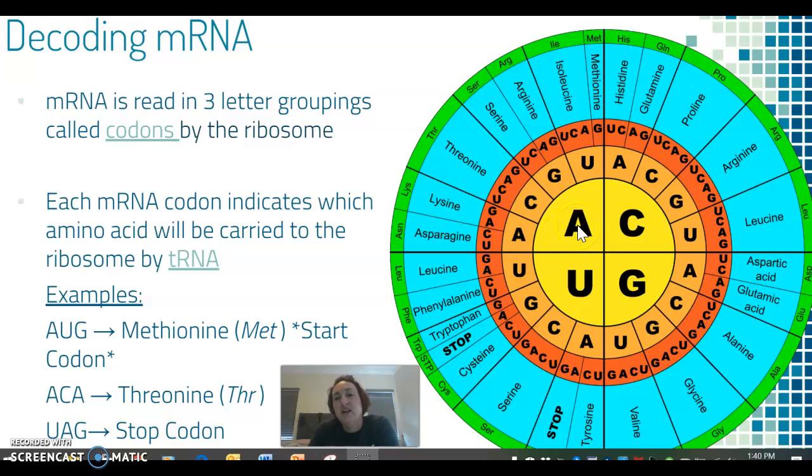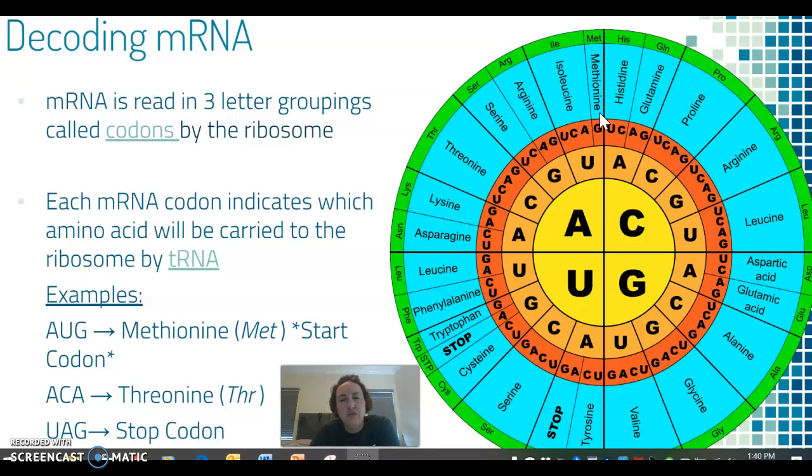Then our second letter is U, so we go over here to this orange U. And then the third letter is going to be in this darker orange area, which is G. And here's our G. You can see that this is the name of the amino acid, called methionine. It is usually abbreviated MET, and we usually always abbreviate our amino acids.